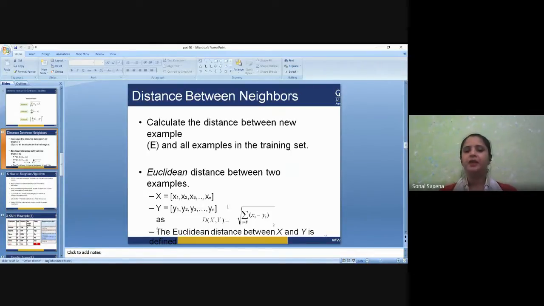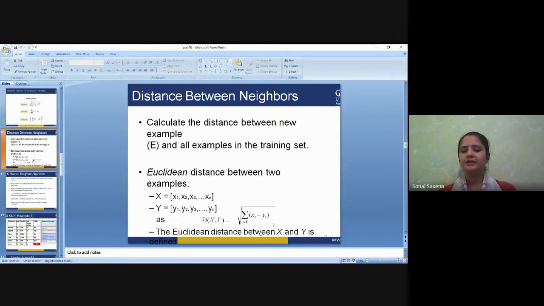Here you see the Euclidean distance between two examples. Let's say my x's are x1 till xn, and similarly my y's are from y1 to yn. How do I calculate this distance? From 1 to n, I make the difference as xi minus yi.